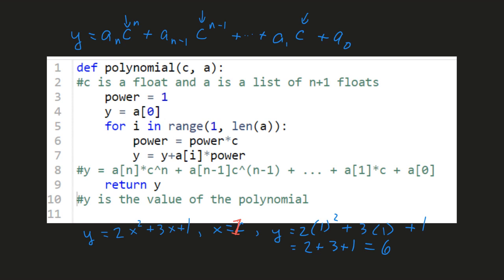Once we go through this algorithm, we're going to get y, and I'm going to return y, the value of the polynomial evaluated at c. All right, so now that I've given a little explanation about what this algorithm does, let's see if we can figure out what big O of this algorithm is going to be.